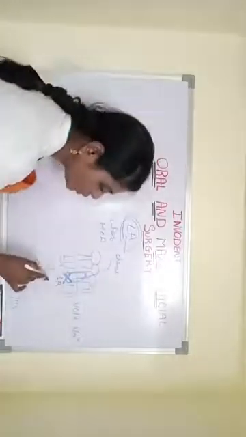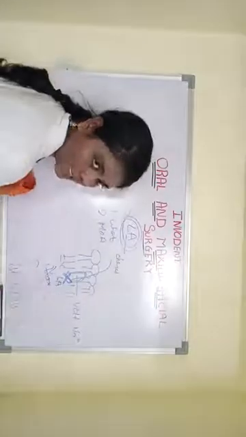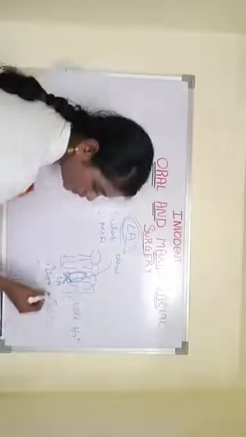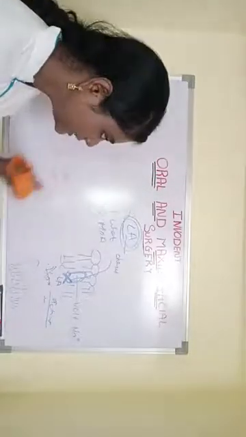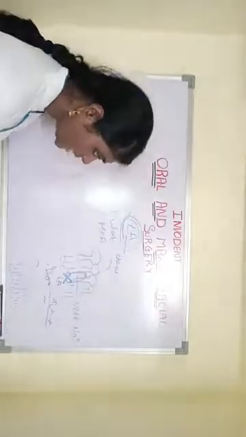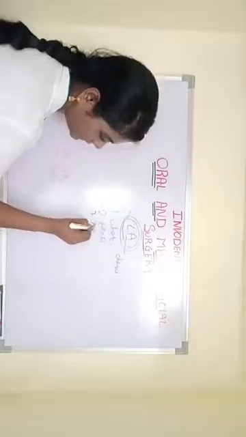If there is no sodium inside the cell, there is no impulse propagated, no action potential generated. Thereby, there is no sensation. So this is the mechanism of action. We understood the mechanism of action. Now, what are the pharmacodynamics?